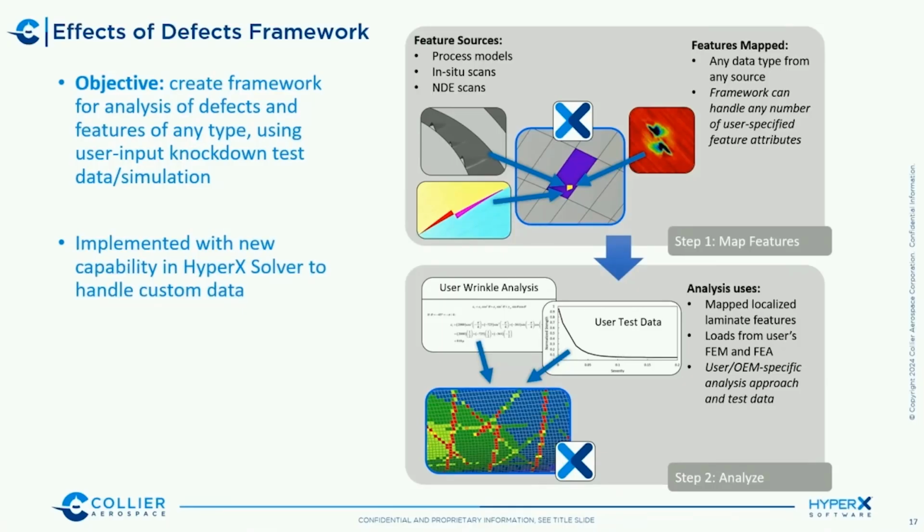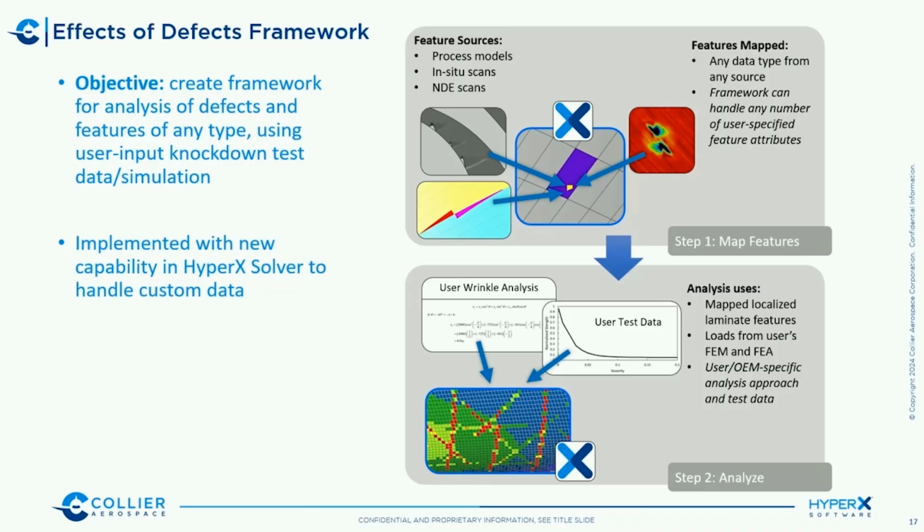And of course, passing that information to HyperX and trying to incorporate it in the analysis in some form or another. So this was some work that was done under the NASA HyCam project that Craig mentioned a little bit earlier. And it's something we're calling the effects of defects framework.